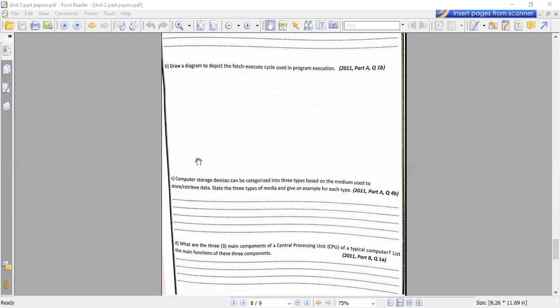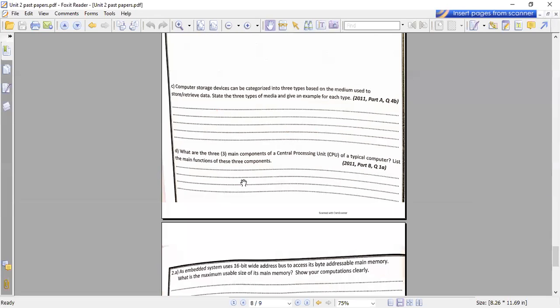Then we'll go to part D. What are the 3 main components of the central processing unit? List the main function of each. You can write that you have the ALU, arithmetic and logic unit.